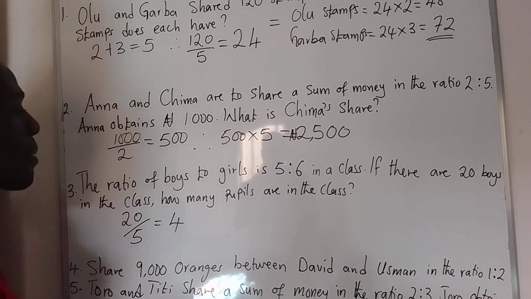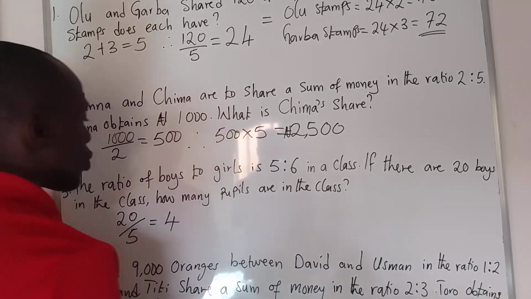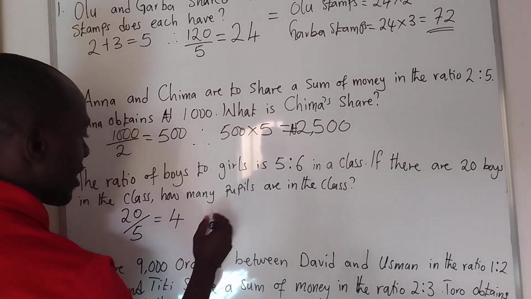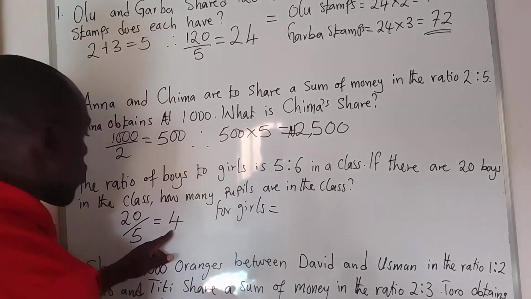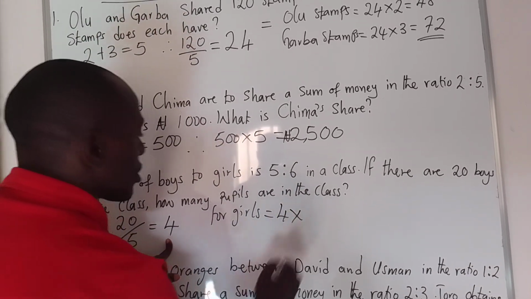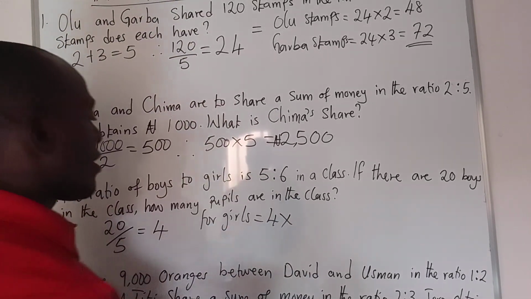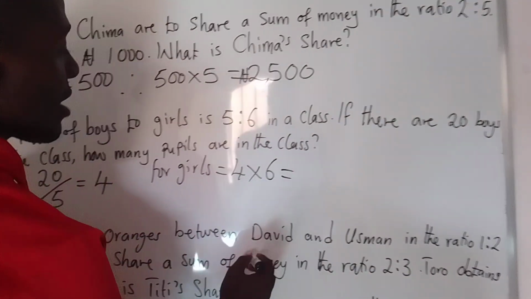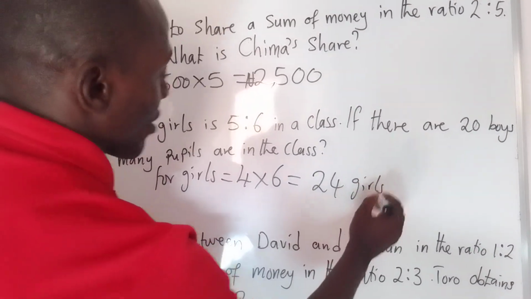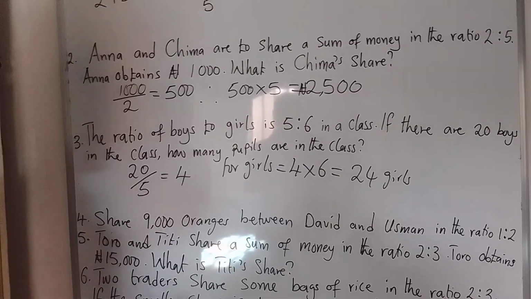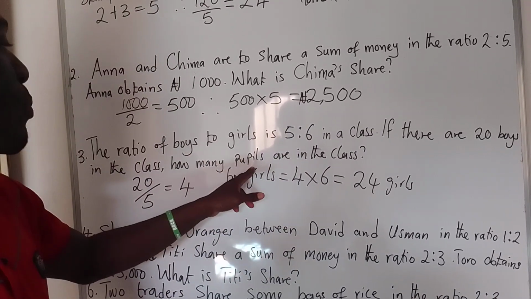Now, we have to multiply this 4 by the ratio for girls, so that we get the number of girls. Girls is equal to 4 multiplied by the ratio for girls, which is 6. 4 times 6 will give us 24. This is the total number of girls. But the question says, how many pupils are in the class.